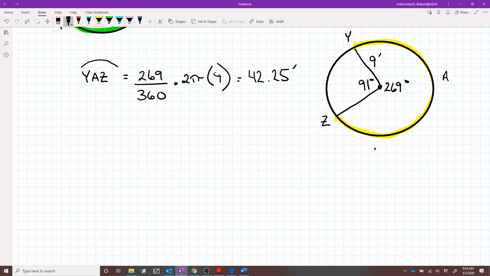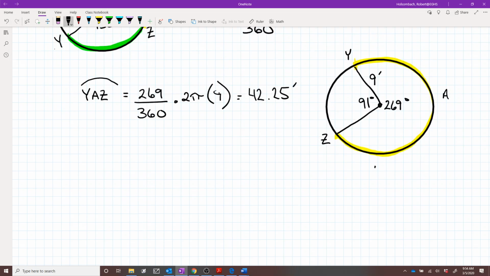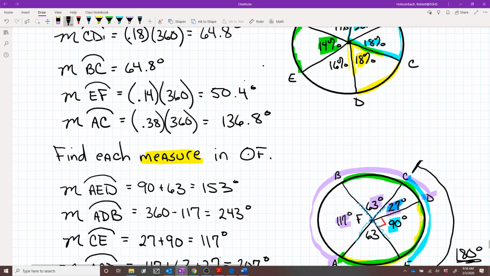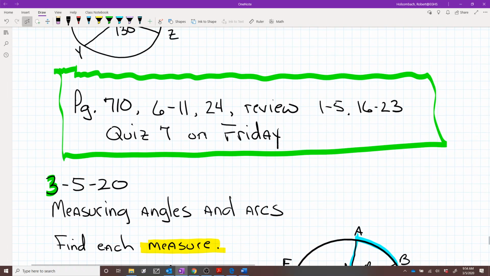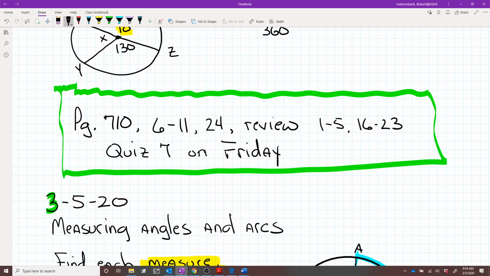Alright, your assignment for today is right here, page 710, problems 6 through 11. And then I would review problems 1 through 5 and 16 through 23.